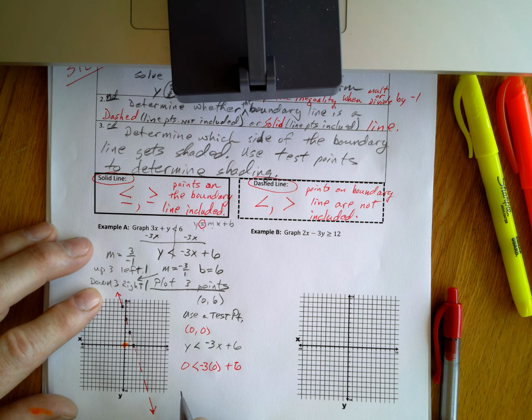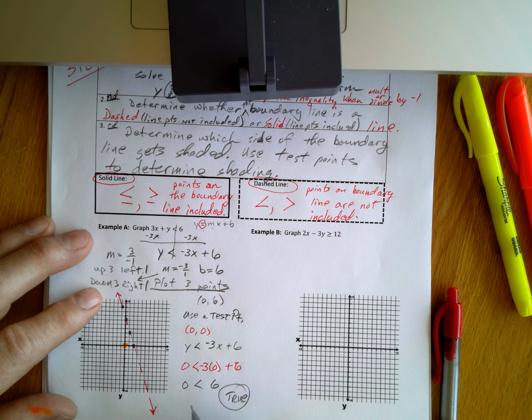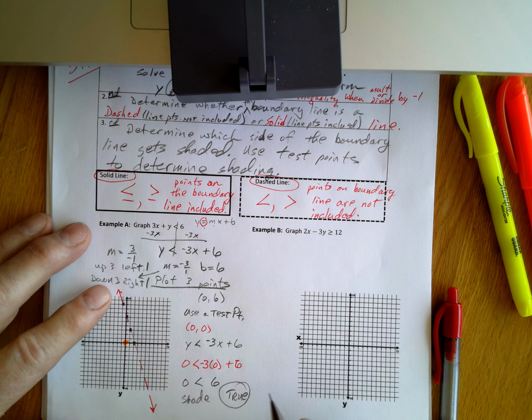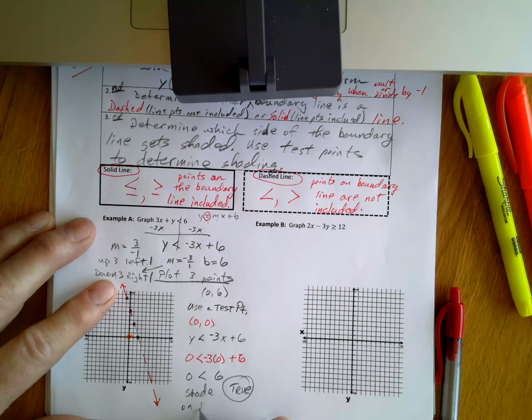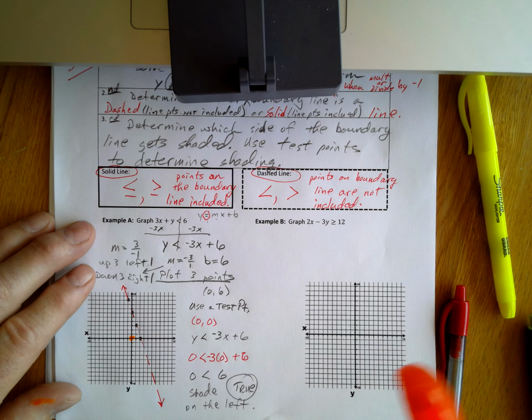Is this true or false? It is true. Guess what that means? That means we shade on the left. That's what that means. So here's the deal. I picked my test point on the left. My test point was true.